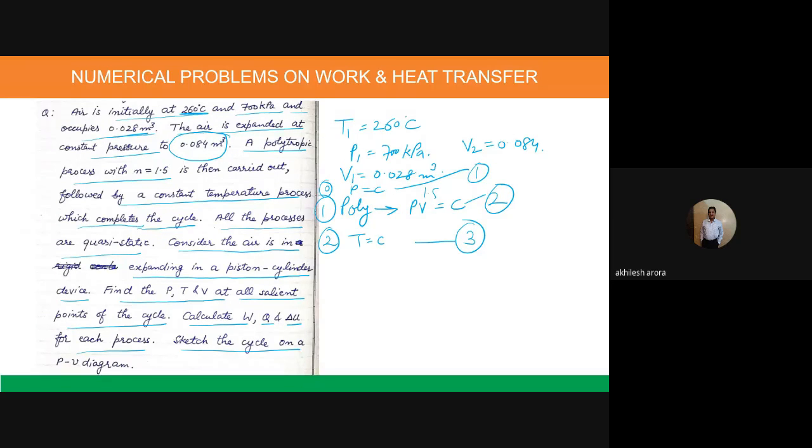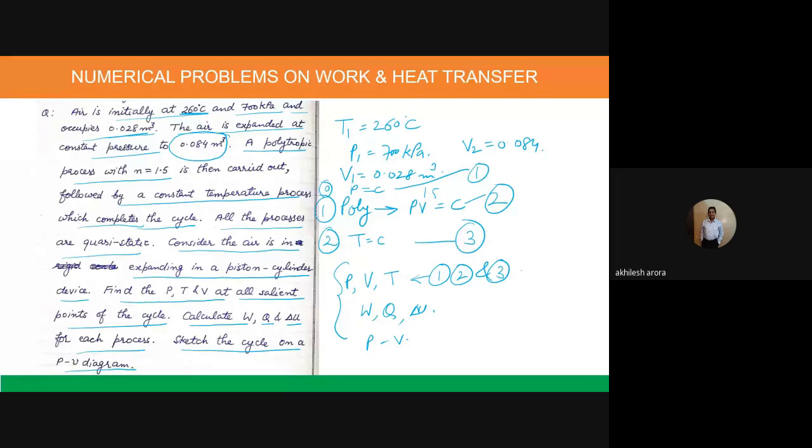Sketch the cycle on PV diagram. So we have to calculate the values of pressure, volume and temperature corresponding to points 1, 2 and 3. We also have to calculate the value of W, Q and delta U, and we have to draw the PV diagram. So this is what we have to do.